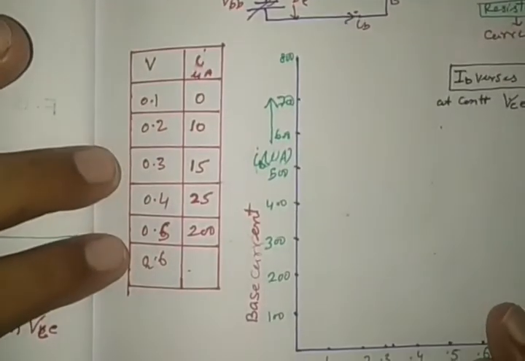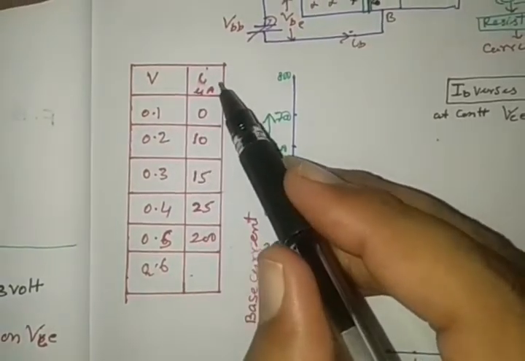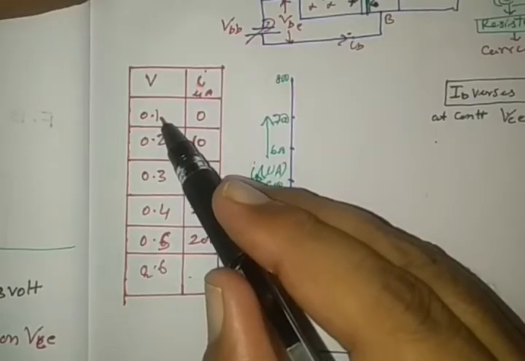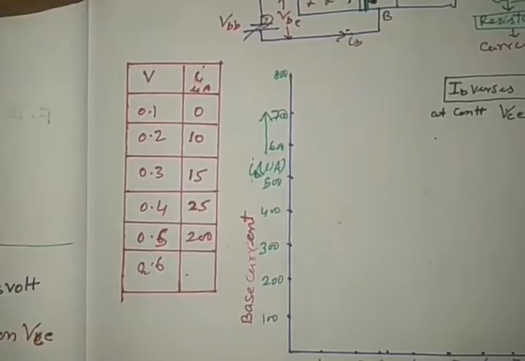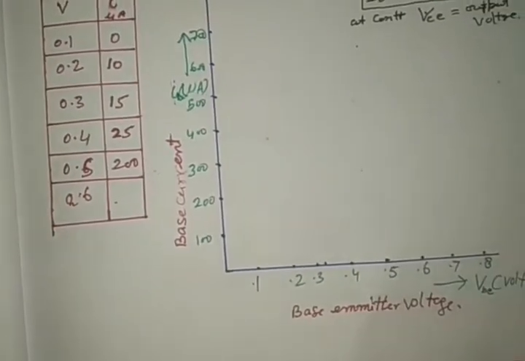A table is here between the voltage and current in the input. When we give an input voltage of 0.1, no current is obtained. A graph is plotted here.